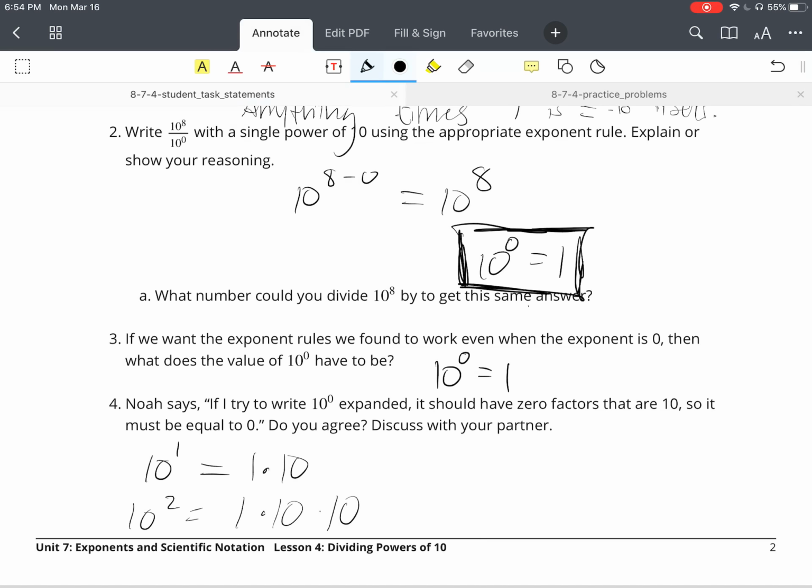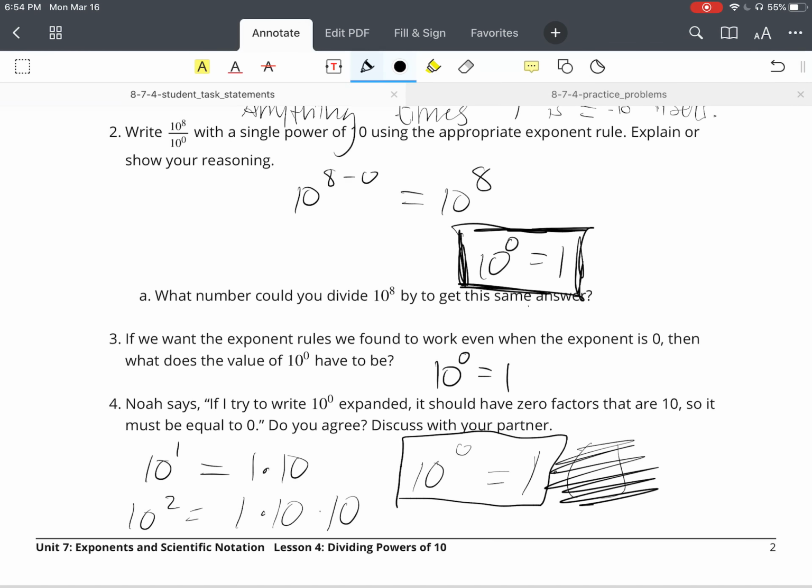So it makes perfect sense that 10 to the 0 would technically be 1 times something else, but that something else is non-existent. Oh my god, Illuminati confirmed. 10 to the 0 is equal to 1.